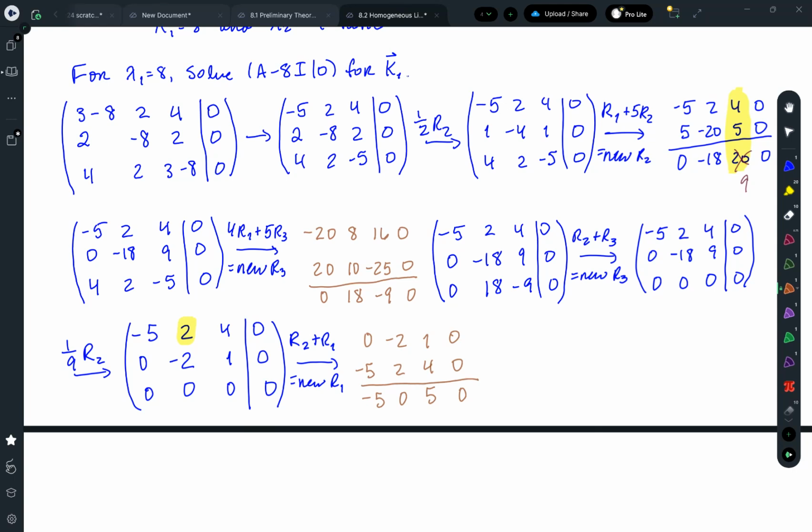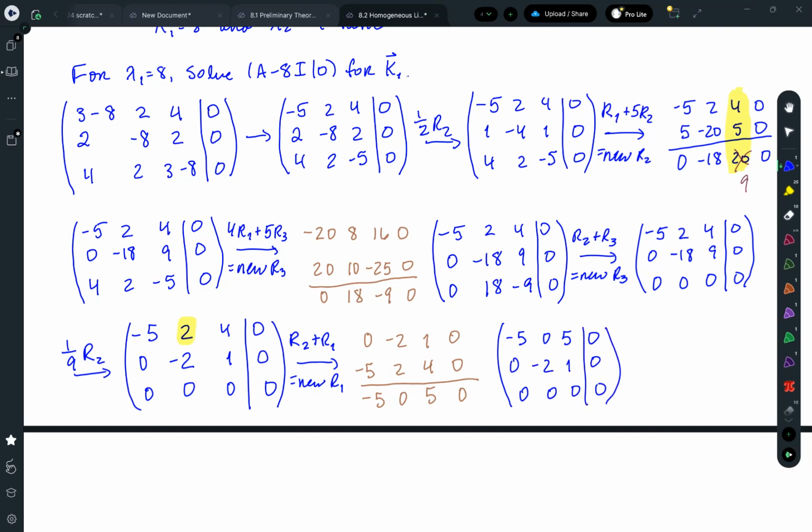Okay, and then let's just check my work there. I want to make sure I didn't do anything wrong. Okay, I think that's good. All right, so my new row 1 is negative 5, 0, 5, 0. My row 2 is 0, negative 2, 1, 0. And then I have a row of zeros.